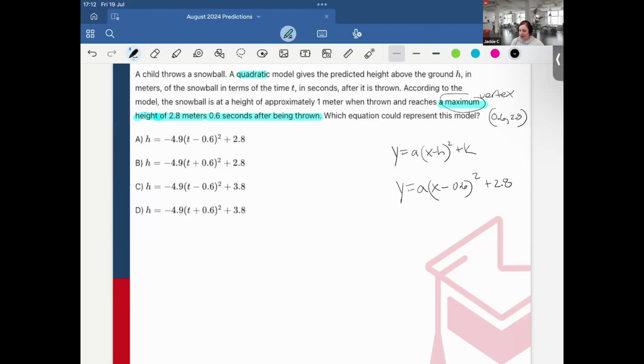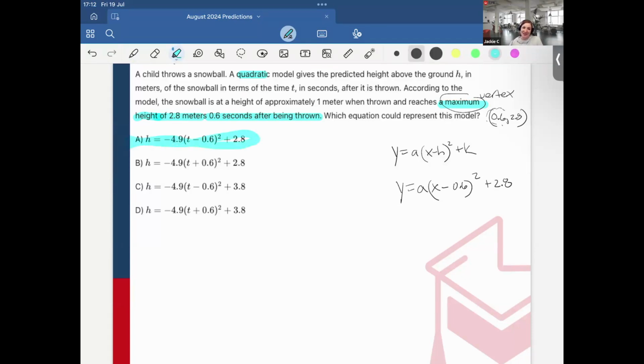So why is it minus? Because whatever's inside the square has an opposite sign of what the actual output is. So looking at this, I don't know specifically the value of a, but just knowing vertex form, it has to be answer choice A.